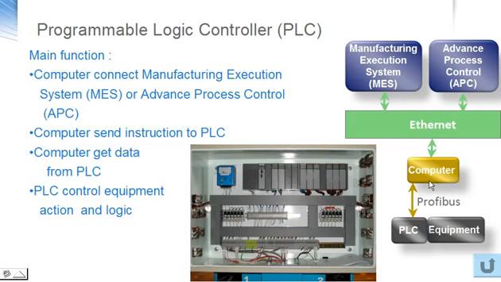And then the POC controls equipment action and logic. Okay, you can see that is a box. Inside the box, there is a PLC. You can see the PLC and other electronic wires or some relay devices in here.